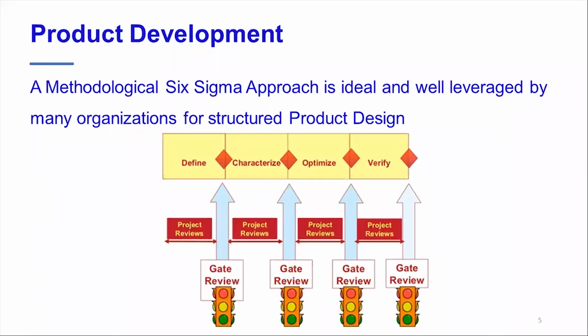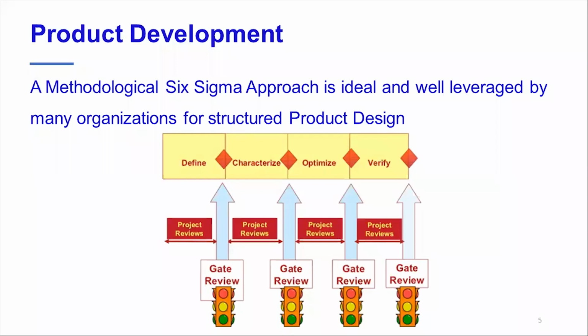Now this process can be followed well only if it is structured. So companies were facing some problems. They knew that this has to be done, but there was no structure, no process.